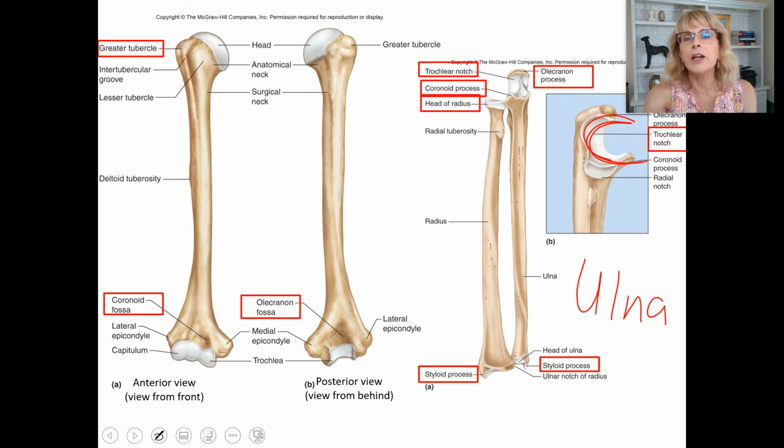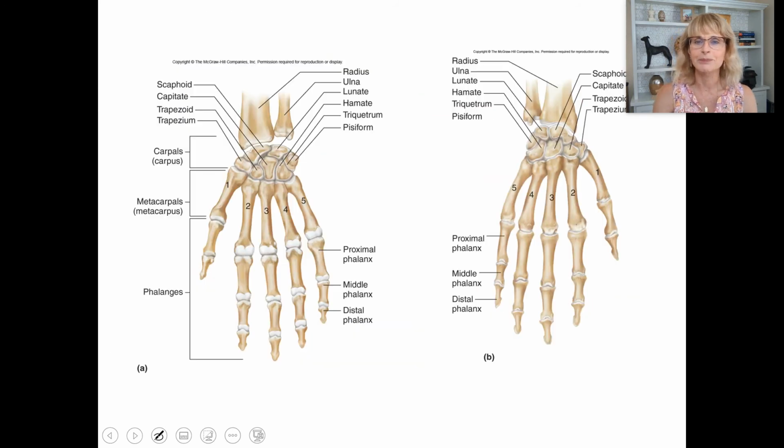The radius, this head of the radius up here, looks to me like a hockey puck or maybe like an eraser on a pencil. And if I see a straight, slender bone with an eraser or a hockey puck on one end, then I will know that I'm looking at the radius.